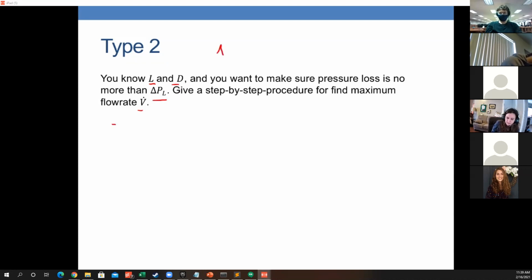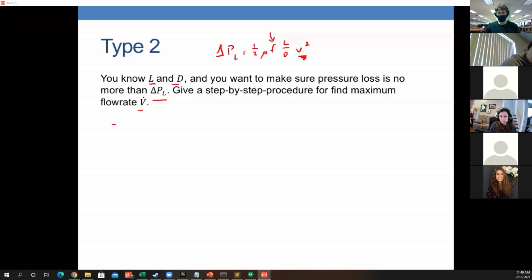The pressure loss equation is, okay, so velocity is in here, but there's a problem. That problem is something else in this equation depends on the velocity. What's that? The Reynolds number. The Reynolds number tells us what the friction factor is, right? Okay, so we need to figure out what the friction factor is, but how do we figure that out if we don't know the Reynolds number?